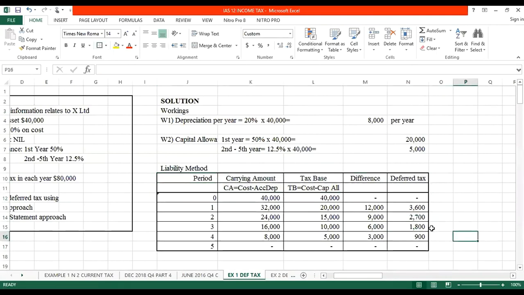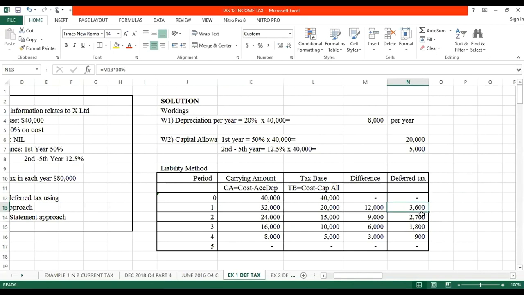Out of this amount, I'll show you what goes to the income statement and what goes to the balance sheet. That will be my objective. I'll also show you what is the deferred tax asset and what is the deferred tax liability. But for now, you can see here there is an increment from 0 to 3,600.